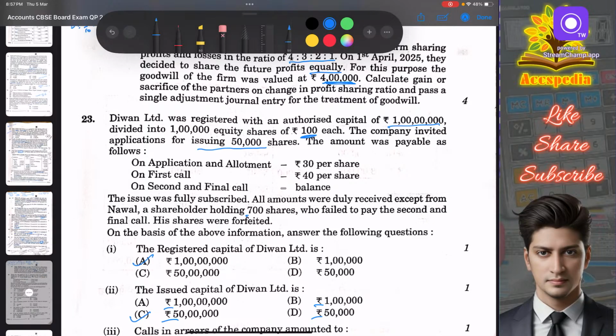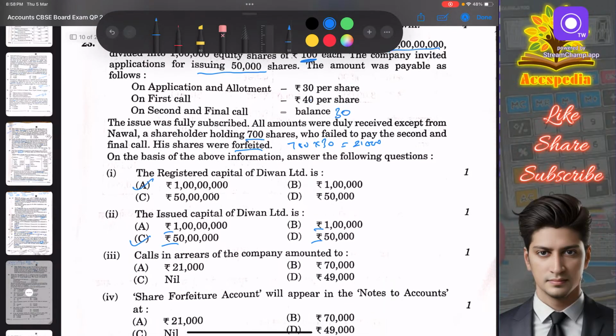A shareholder holding 700 shares failed to pay the second and final call, so his shares were forfeited. Second and final call is 30, balance is 30. So 700 into 30 is 21,000. But since they are forfeited, there are no calls in arrear.